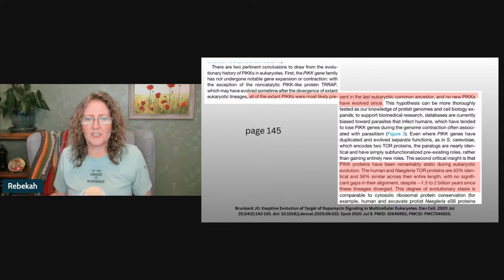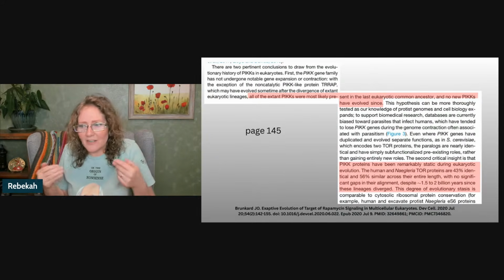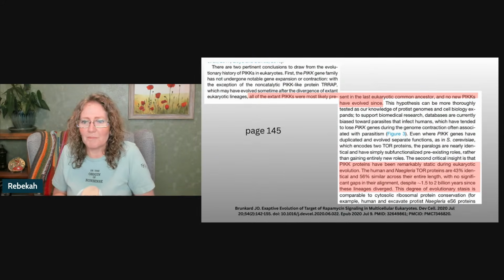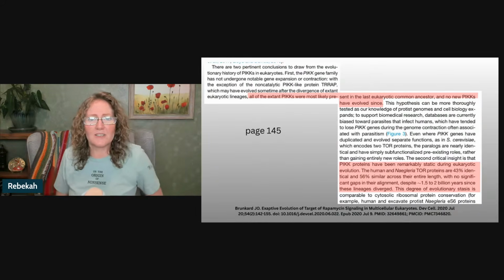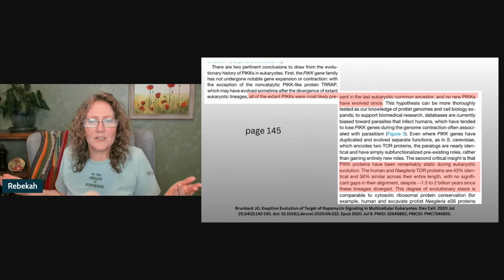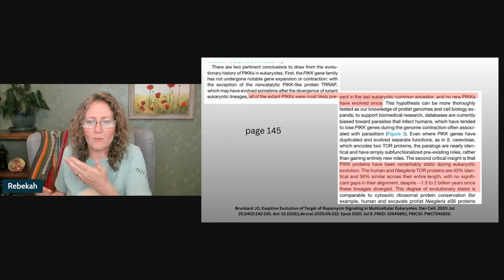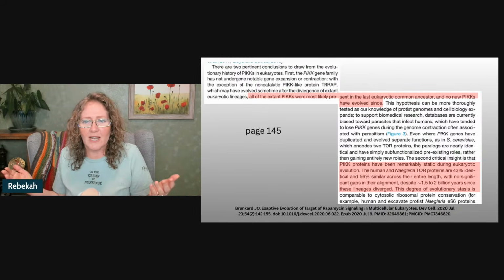Wow, not just these genes, but all of these genes for these similar things, these kinases. None have evolved since? Dang, since the last eukaryotic common ancestor, like more than 1 billion years ago? Seriously? If we can just evolve genes all the time, why don't we see any new genes evolving? Why are these so static?